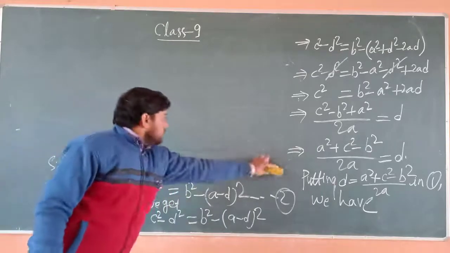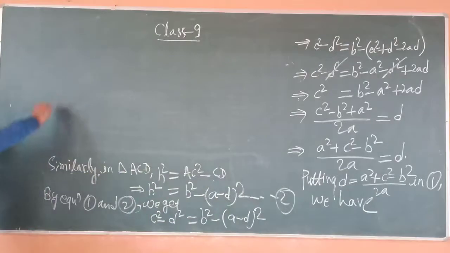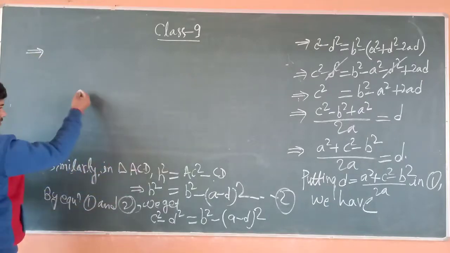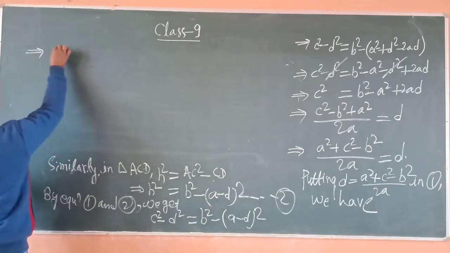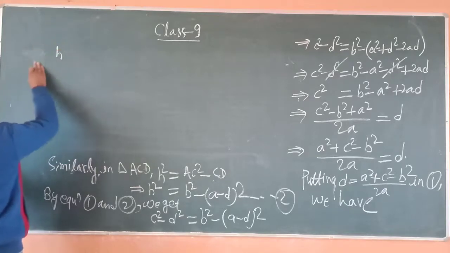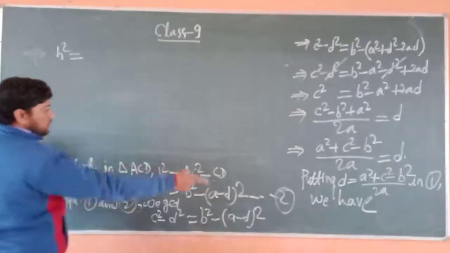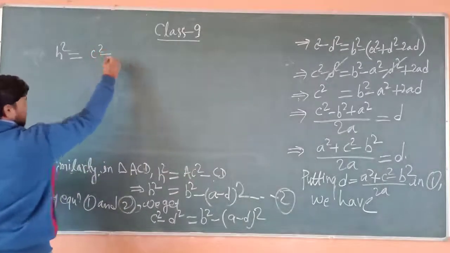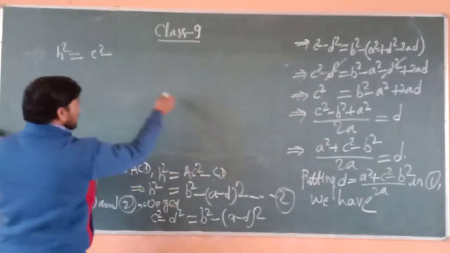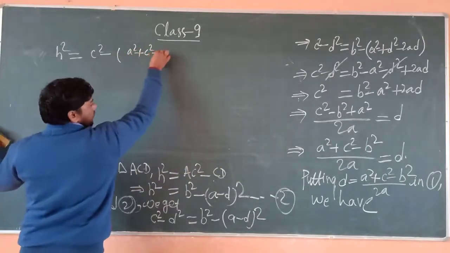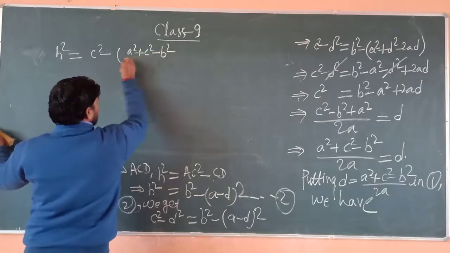In the first equation, H square is equal to C square minus D square. D is A square plus C square minus B square upon 2A.